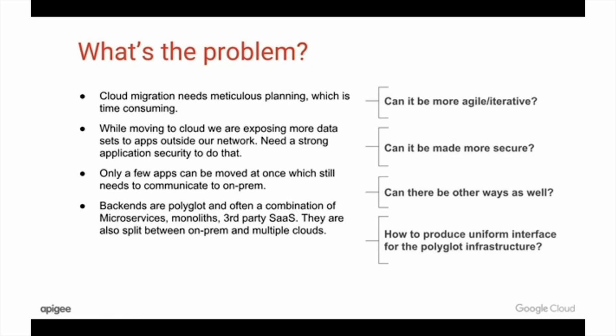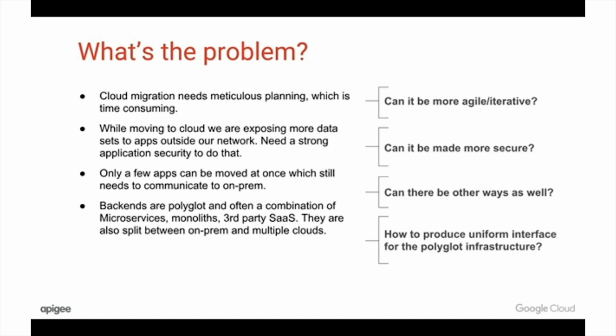So let's look at some of the key problems with the migration. If you're thinking of moving to cloud, you're probably doing that so that you can be more agile and more flexible. You can deliver more CI/CD, do stuff faster, and go to market faster. But ironically, the whole process of moving to cloud is extremely time consuming, takes meticulous planning, and probably many years for your assets to move to cloud.